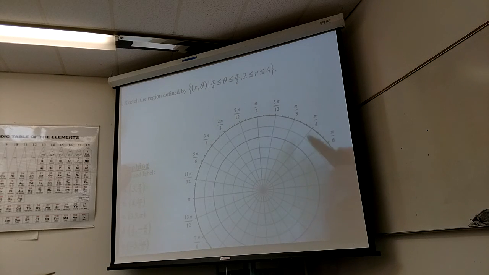So I want to go between these two, but from 2 to 4. So it's going to be r equals 1, r equals 2, from pi over 4 to pi over 2. And then I want to go out to r equals 4. So we call this 1, 2, 3, 4.